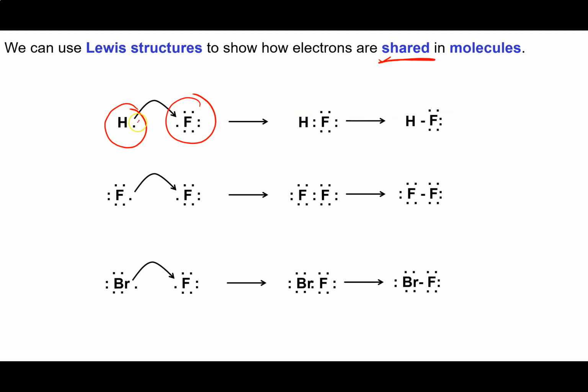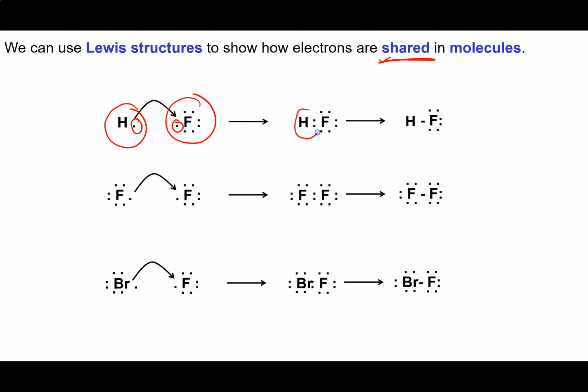These unpaired electrons are shared between the two, and so we end up with a situation like this. The hydrogen nucleus will experience an inwards pull towards that pair of shared electrons, and so will the fluorine atom. So we have one shared pair of electrons in the middle.